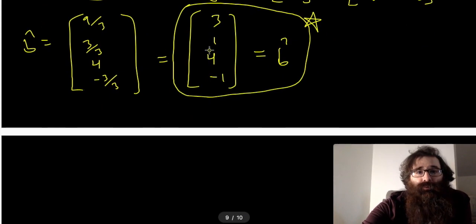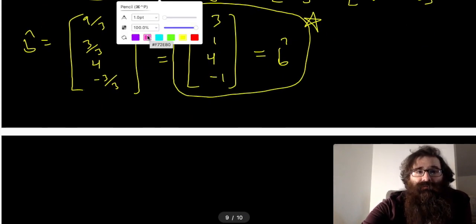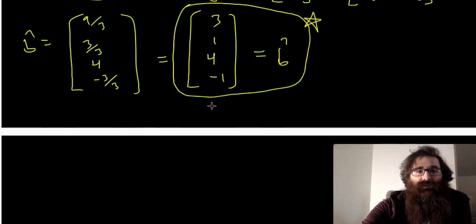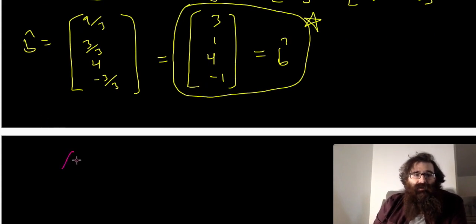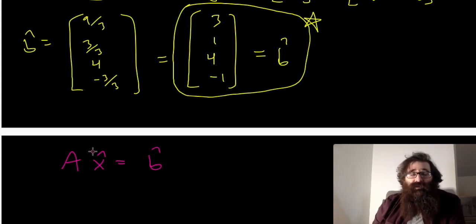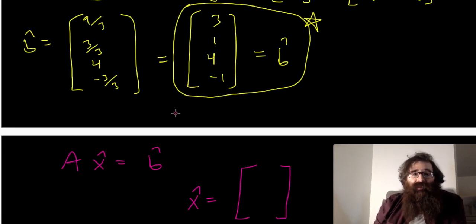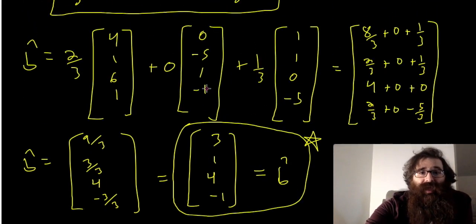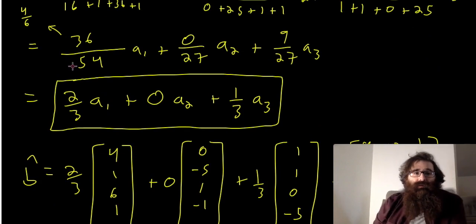But a really good follow-up question is, well, what about the vector x hat? There is some vector x hat where A times x hat will bring me to that projection vector b hat, and we really want this x hat as part of our solution, definitely. I don't want to leave without it. Well, that should be the weights on the columns of matrix A that bring me to that projection vector, and we have that information right here.